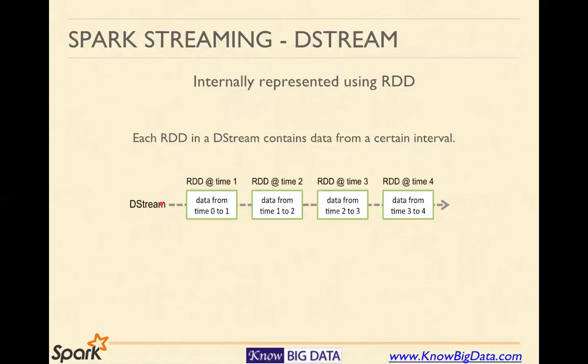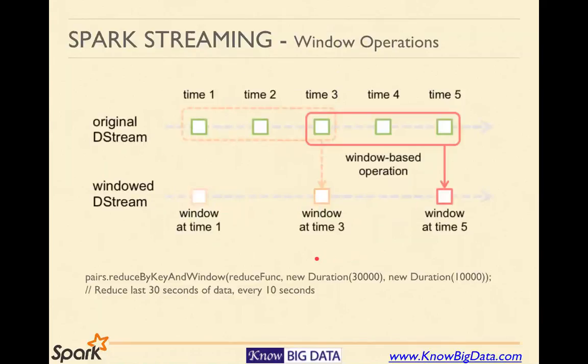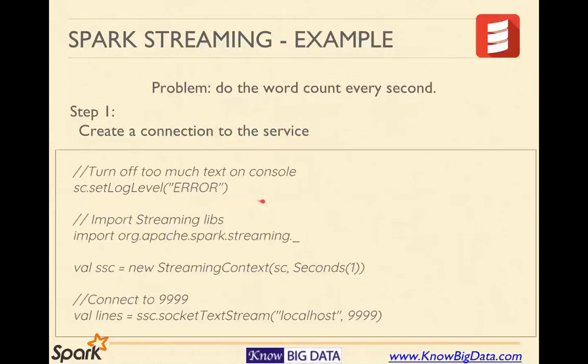Every 1 second, whatever RDD gets created, all the functions we have defined will get executed on that period of time. So data from time 0 to time 1, time 1 to time 2, time 2 to time 3, time 3 to time 4, that's how data is coming continuously. This is the original D stream. This is the window operation; you can skip it.